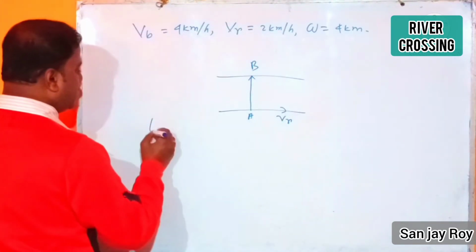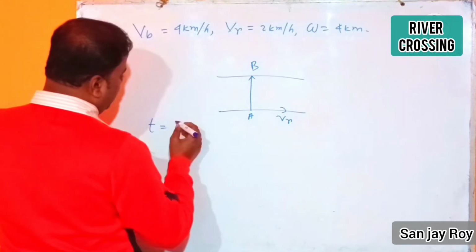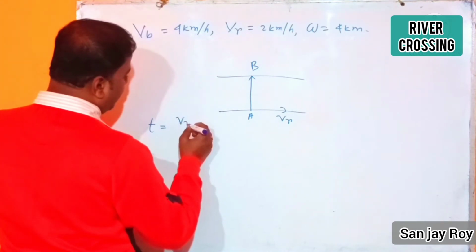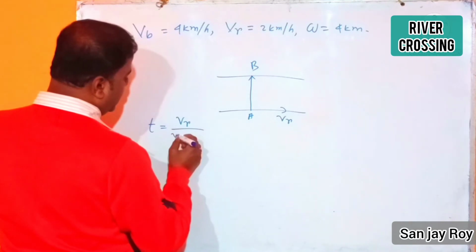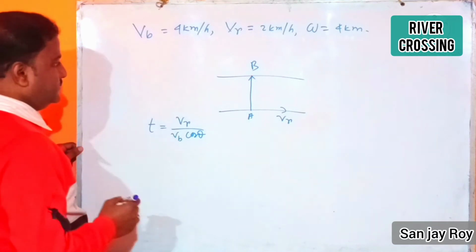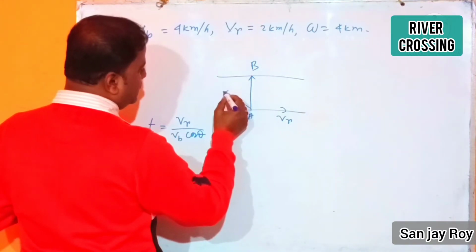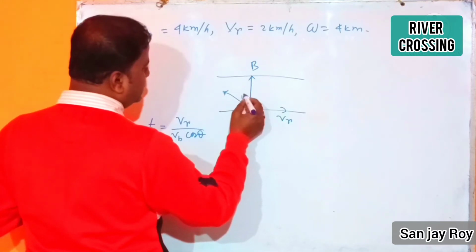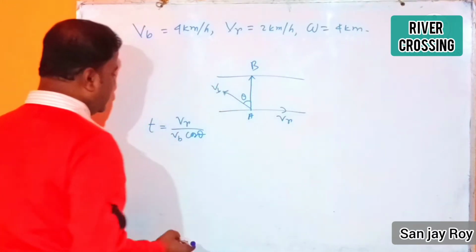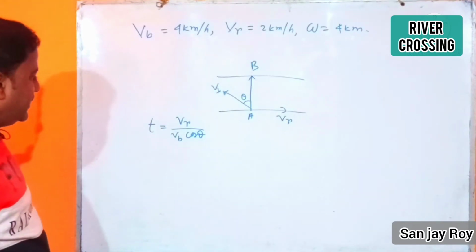In general, we see that t equal to Vr by Vb cos theta. When the boat moves along this direction, t equal to Vr by Vb cos theta. This is the time to cross the river.